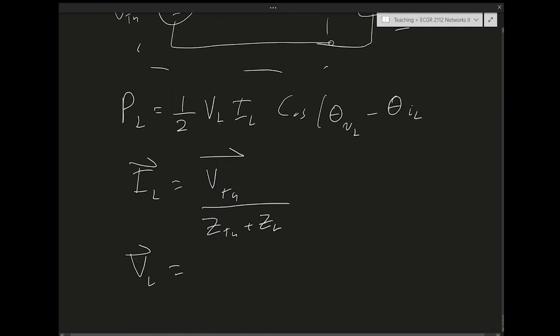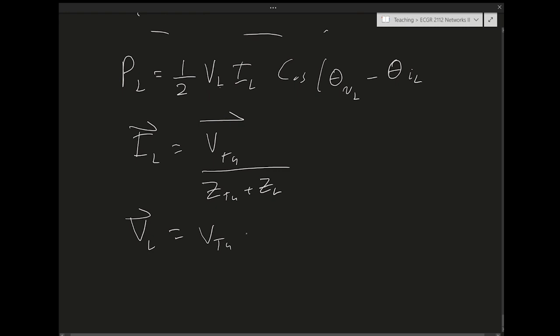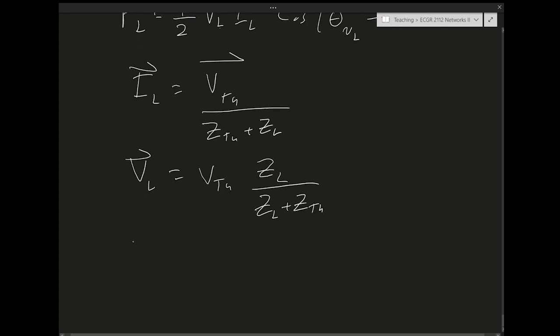So it's just going to be V Thevenin times ZL over ZL plus Z Thevenin. And noting that Z Thevenin is just equal to R Thevenin, it has a resistive part and a reactive part, X Thevenin, and then ZL also has a resistive part and a reactive part, RL plus JXL.